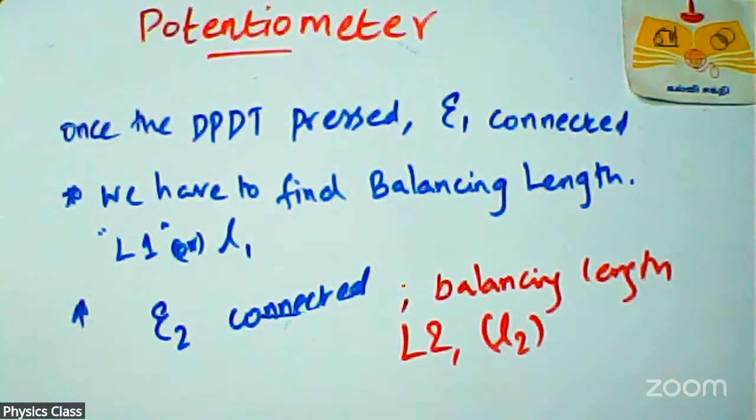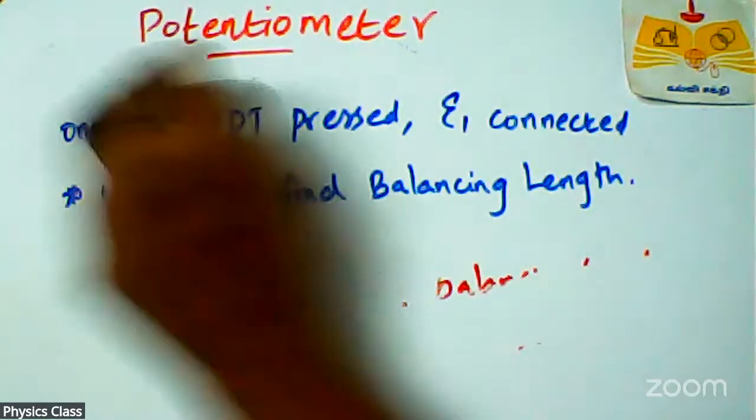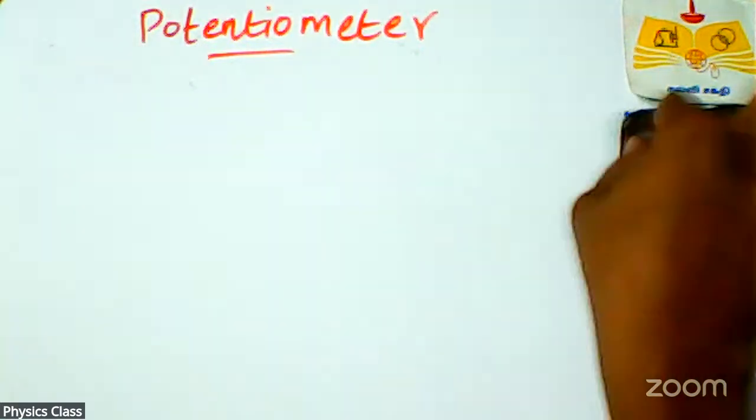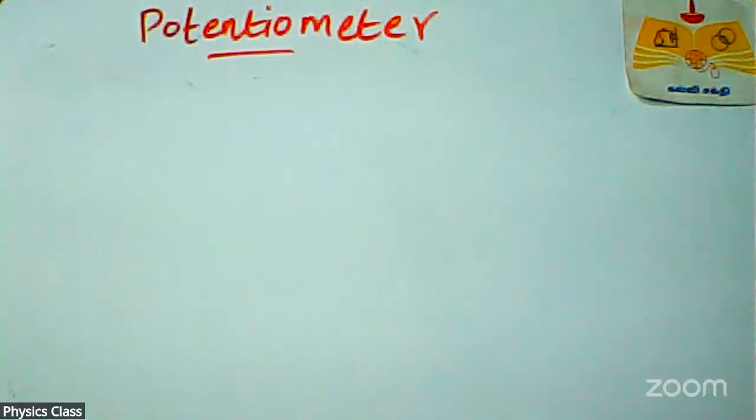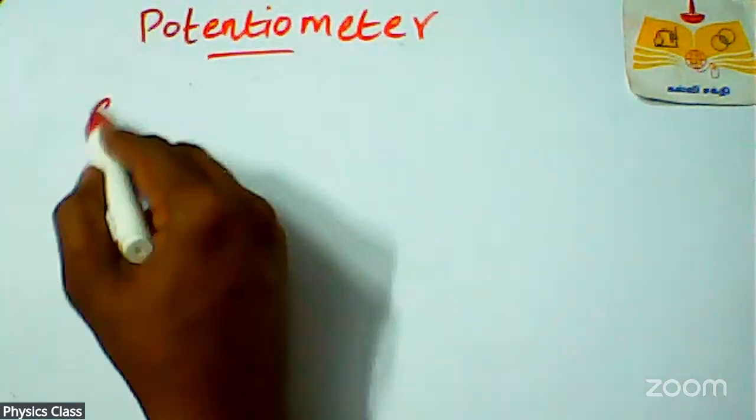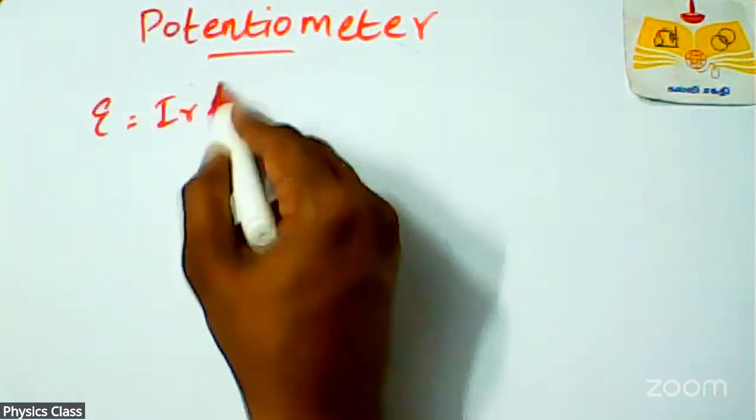And that wire has a resistance, already I told you, denoted as small r, the resistance per unit length of the potentiometer wire. And I is the current flowing through the wire. So for the first cell, E1, the potentiometer equation is E is equal to IRL.